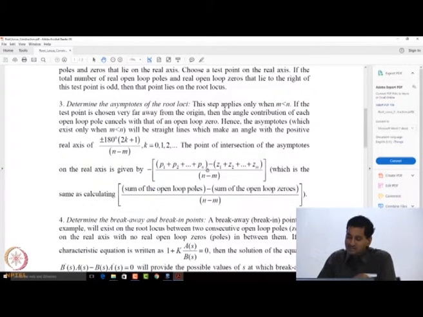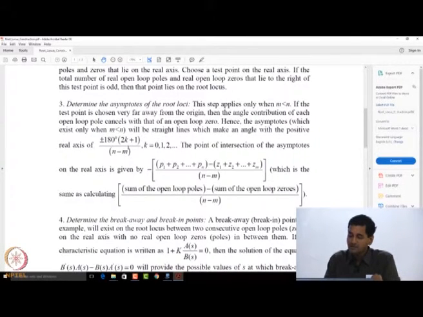So how will such asymptotes intersect on the real axis? One can show that the point of intersection is going to be the sum of open loop poles minus the sum of open loop zeros divided by n minus m. That is the formula. Once again, as I told you, I am going to leave that part to your homework. How to figure it out is homework for you.